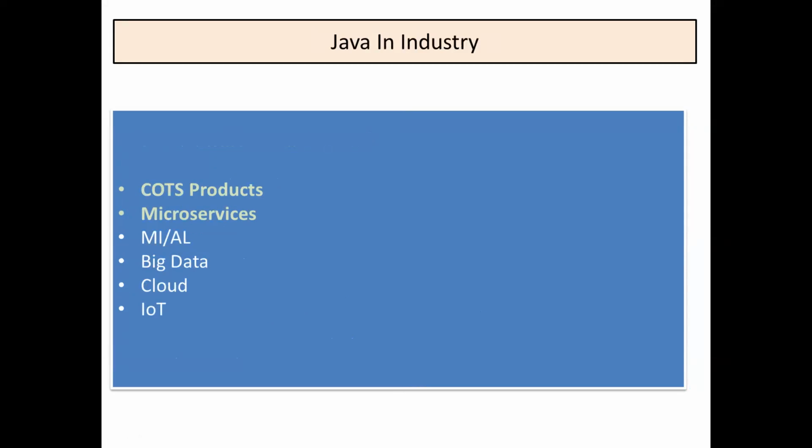As I told before, Java started in the 90s with a company called Sun Microsystems, which was the parent company for Java. And then Oracle took over Sun Microsystems, and currently Java is a product of Oracle, and they are managing the updates and versions for Java.